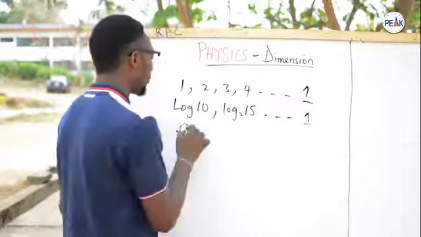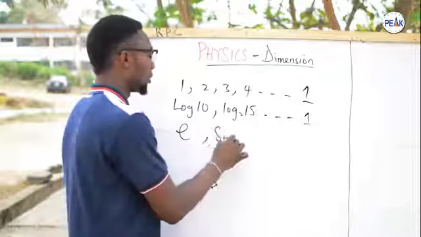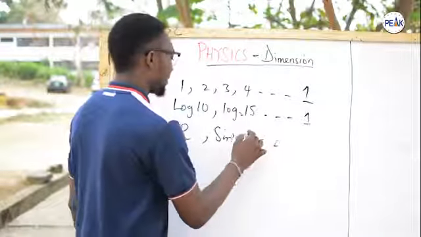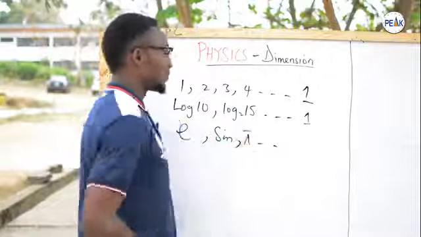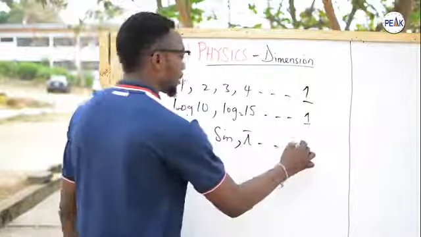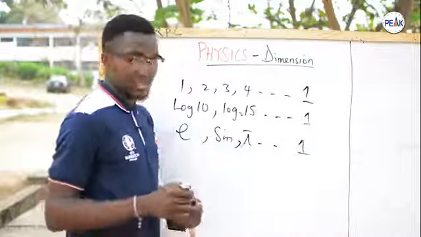All exponential functions, all trigonometric functions, and so on, and pi are also part of it. That means whenever you meet all these things in an equation, their dimension is usually unity, that is, 1.